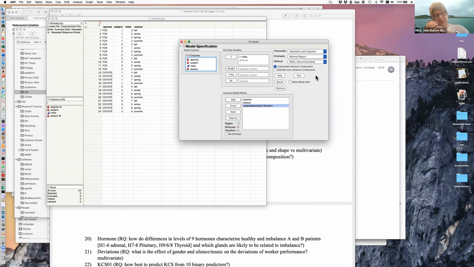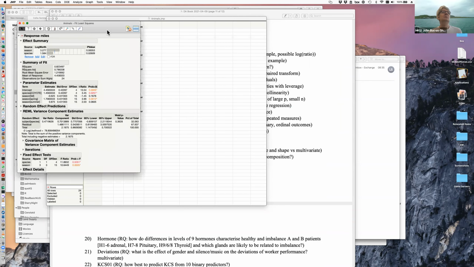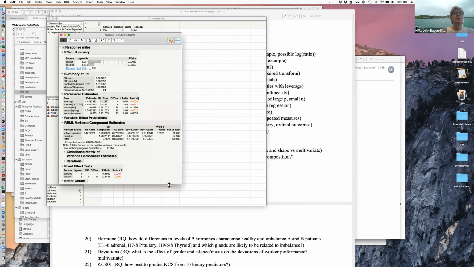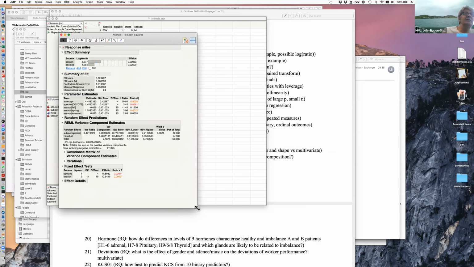So if you think about it, in the F-tests here, they have to be adjusted because we need to account for both the subject variability as a random effect and the measurement error on each observation. Okay? So if we now run this model, you will see that it treats the subject effect separately from how it treats species and season. Okay? So it's showing us in the parameter estimates only the species and season effects.